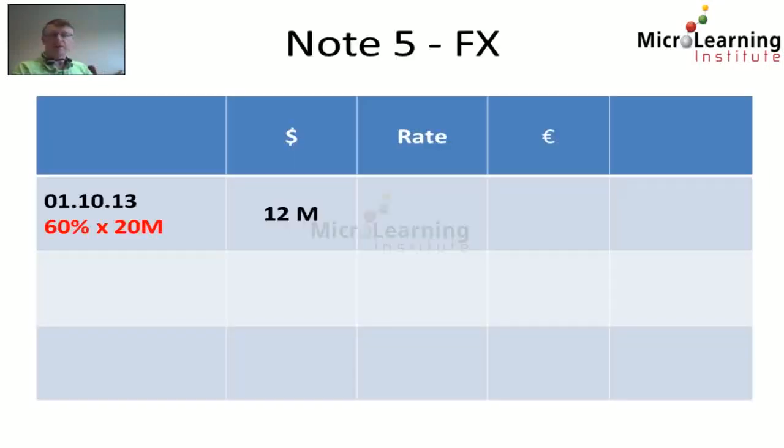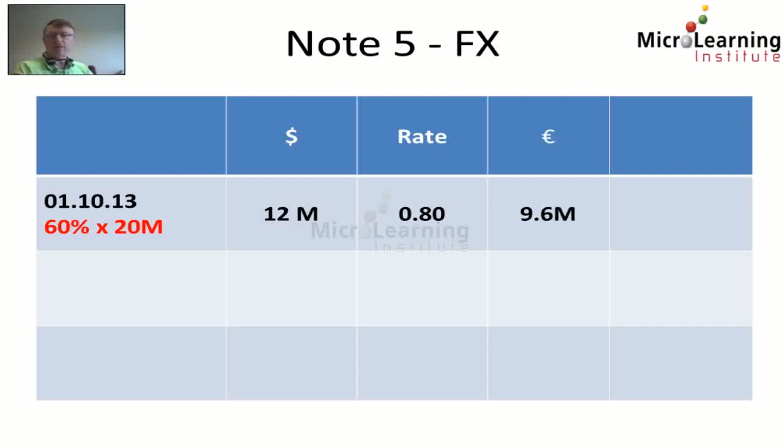Okay, and we're told that we purchased a piece of equipment in dollars, and we paid 60% of the actual amount due of 20 million at the 1st of October 2013, when the exchange rate was 0.8. So at that stage, we recognized an amount on our statement of financial position of 9.6 million.